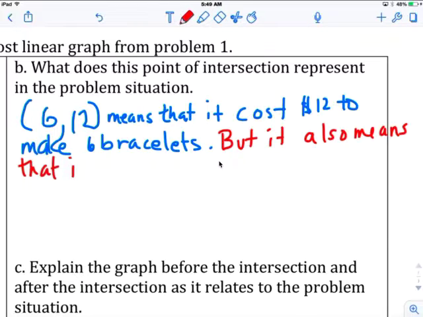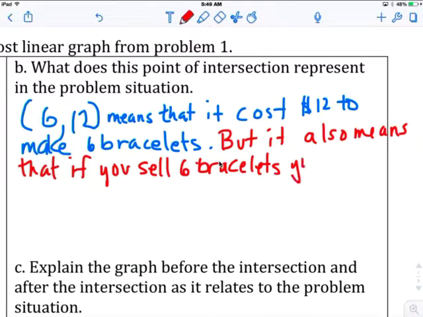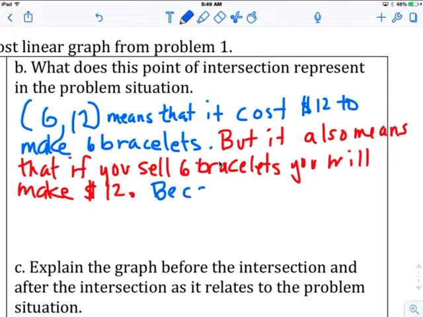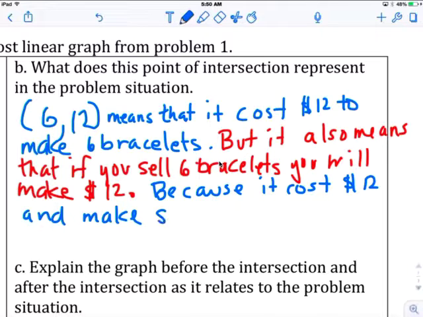if you sell 6 bracelets, you will make $12, because it cost $12 and you make $12.